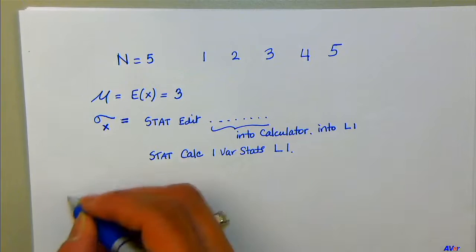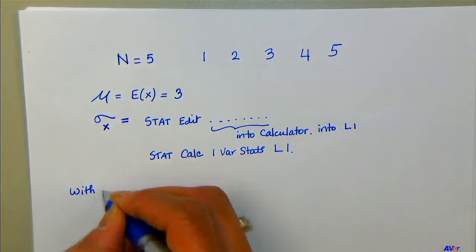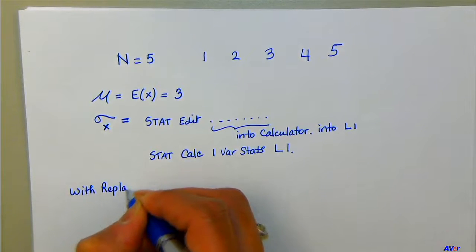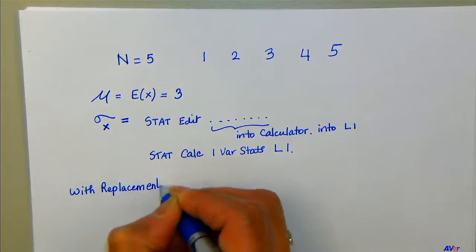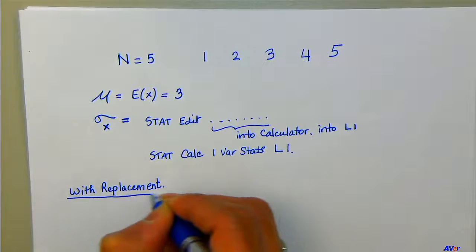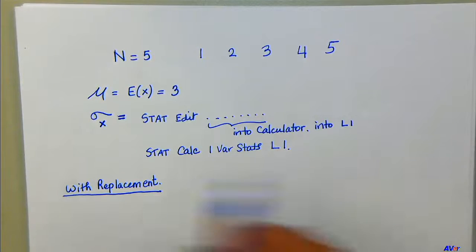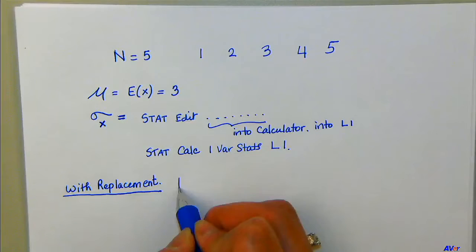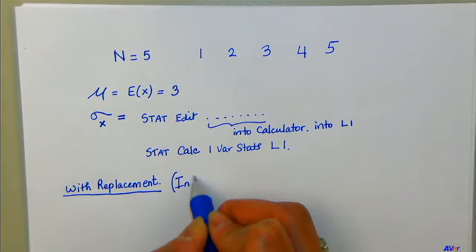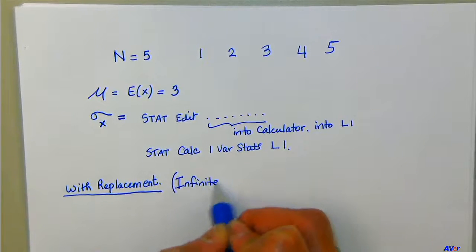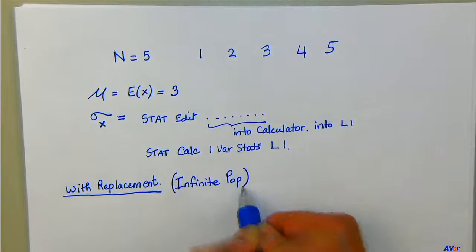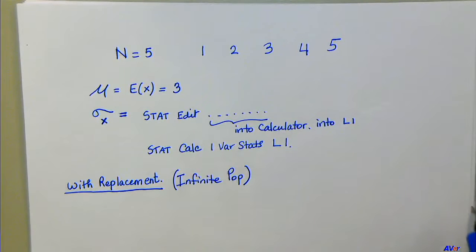And we will do it with replacement, because when you sample with replacement, it's tantamount to talking about an infinite population. And when you do it without replacement, you will get results for a finite population.